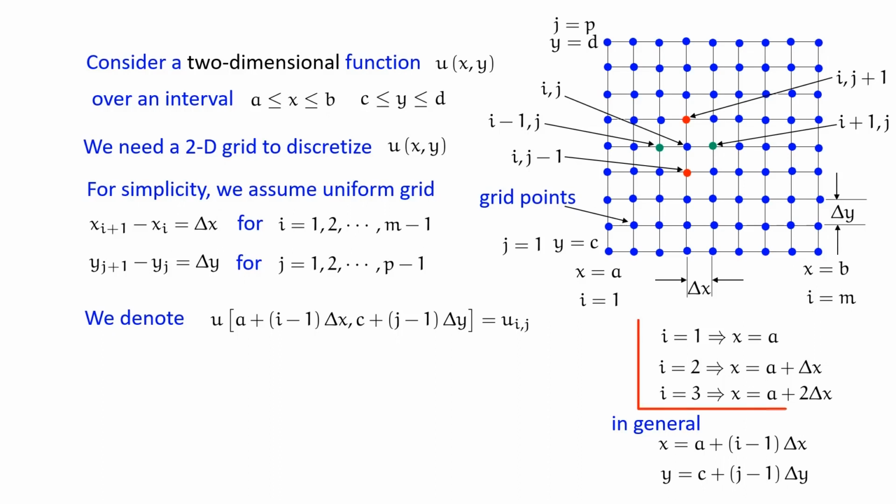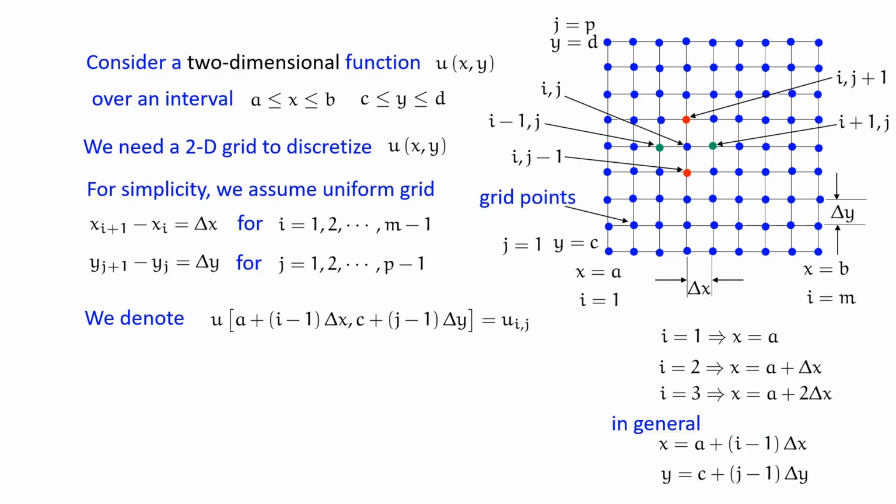That means i equal to 1 means we are talking about x equal to a. i equal to 2 means x equal to a plus delta x. i equal to 3 means x equal to a plus twice delta x, etc. So in general, any point is given by an x coordinate which is a plus (i minus 1) delta x, and a y coordinate which is c plus (j minus 1) delta y.